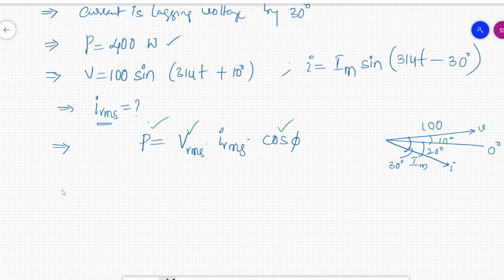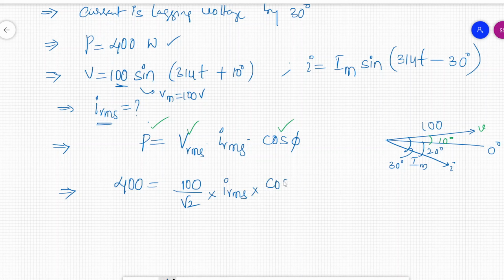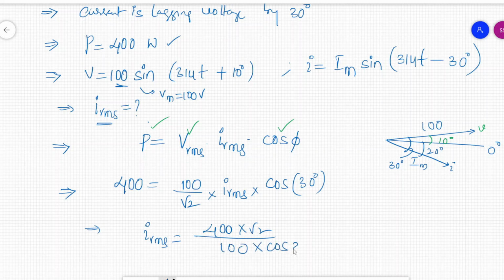Let us proceed here. The power is given as 400 watts, equal to V RMS, which is Vm by root 2, times I RMS, times cos of the angle between voltage and current, which is 30 degrees. Vm from the expression is 100 volts, so V RMS is 100 by root 2. If you rearrange this expression, I RMS equals 400 into root 2 by 100, divided by cos 30.